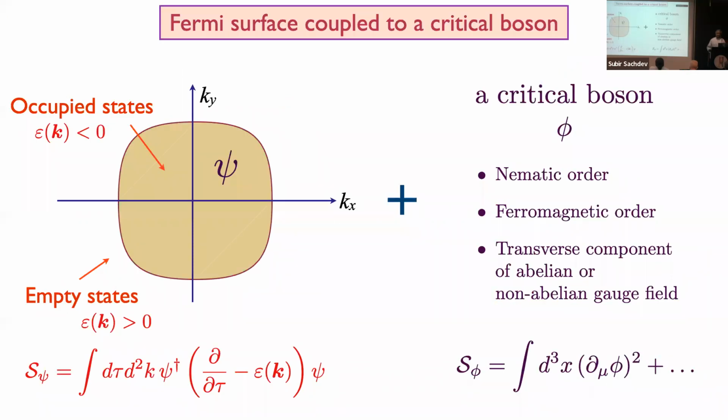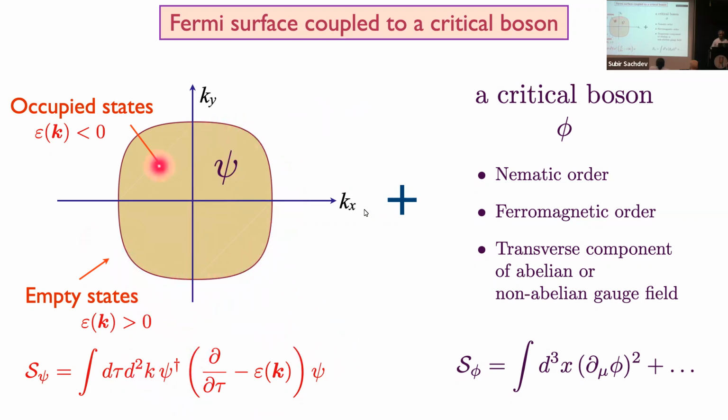All right. So the basic problem, the basic ingredients which many people believe should go into any theory, is the following. So of course you have a metal, and metals have a Fermi surface with some occupied states and empty states. So let's just describe it with some dispersion.